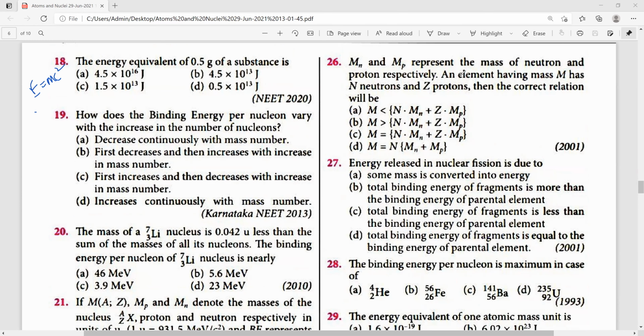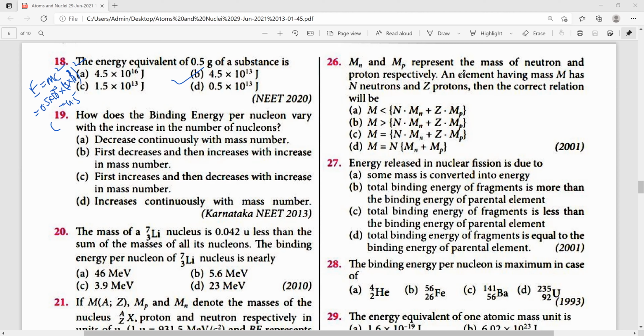Here the m value is 0.5 into 10 to the power of minus 3 into 3 into 10 to the power of 8 whole square. So we are getting 4.5 into 10 to the power of 13. Therefore, B1 is the right answer.